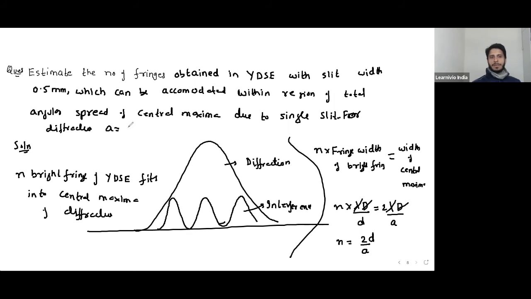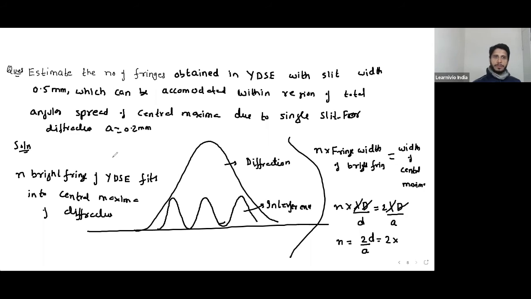A is given as 2 m. No, it's not 2 mm, let me check the question. What's the value of A? A is 0.2 mm.